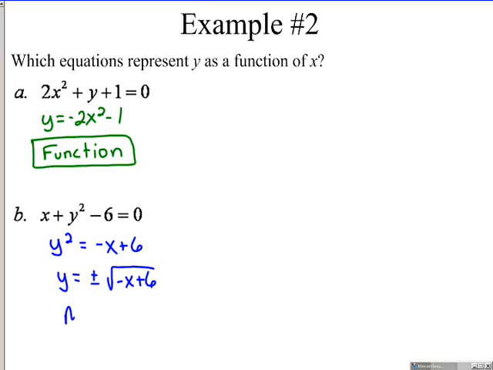No. The reason that this is not a function is every single value that I plug in for x, I'm going to get out two different values for y because of this plus or minus out front. Therefore, this is not a function.